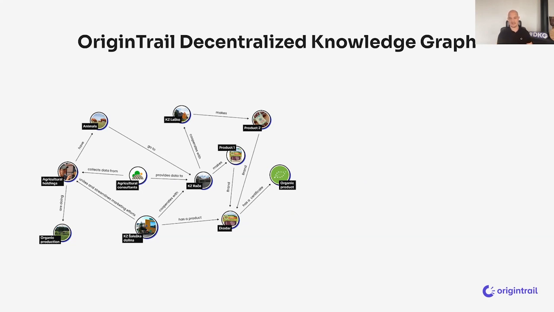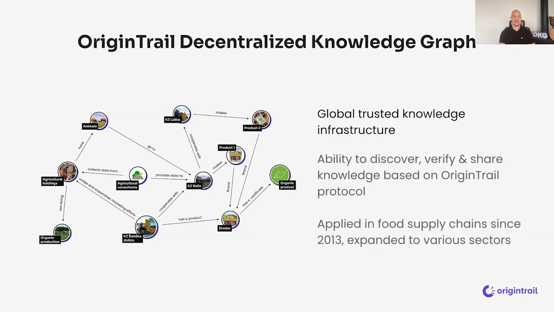Actually, organizations such as Google, Facebook, Netflix, NASA, a lot of them use it to track all kinds of things, activities, parts within their supply chain, like NASA, for example. And we've been applying it actually in the food space quite a bit, but you can consider it as kind of a global trusted knowledge infrastructure. So it's a place where you can grow this graph and find all kinds of interesting information in it.